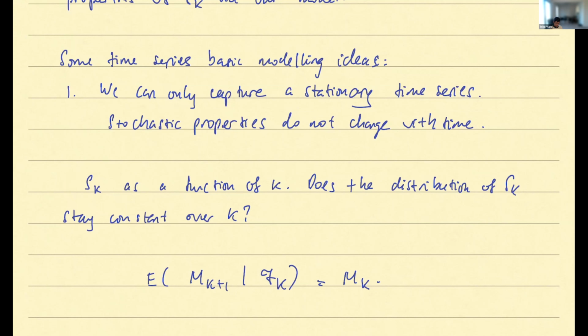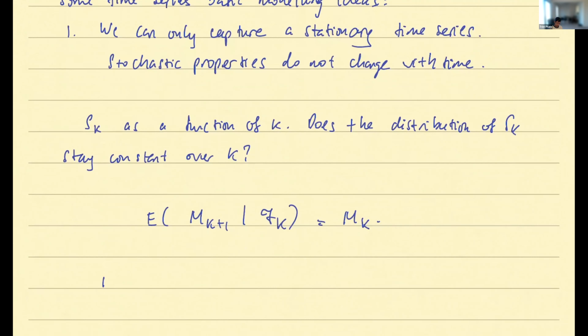But does that mean that the distribution of S_k stays constant over time? No, right? Because if you look at the expectation of S_k, for example, the expectation of S_k changes through time to begin with.